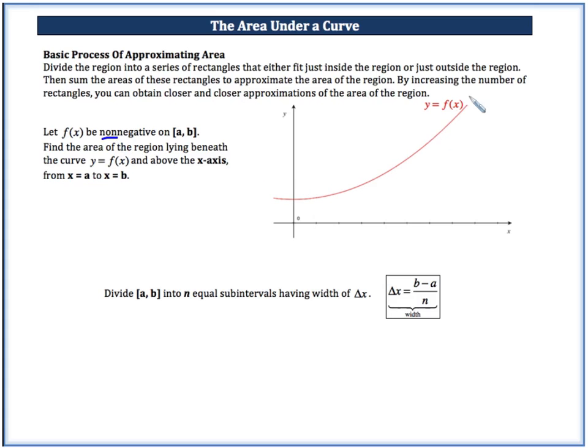So you can see that it's above the x-axis here on an interval from a to b. So let's just draw that interval. We'll just say this will be a, and we'll just call b somewhere over here. Okay, and what we want to do is find the area of the region lying beneath the curve y equals f of x, so below this curve, and above the x-axis, so above this line right here, from x equals a to x equals b, so in between these two lines right here.